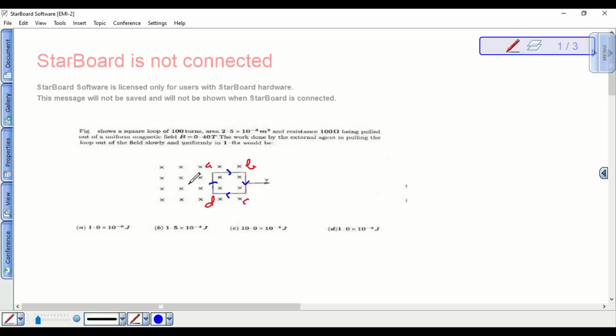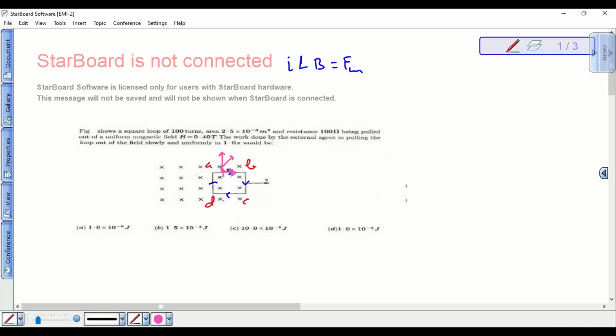Now if an induced current flows like this, BC is already outside the magnetic field, so no force acts due to the magnetic field on BC. But on AD, if the length of AD is called L, and if an induced current I flows, then this much force acts due to the magnetic field. If you consider a small section of AB, since the current is flowing toward this side and the magnetic field goes in, if you apply I L vector cross B vector, the force on AB acts like this.